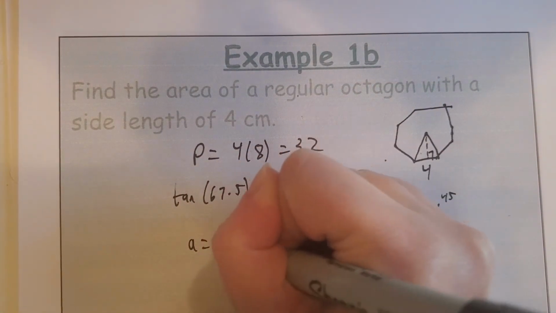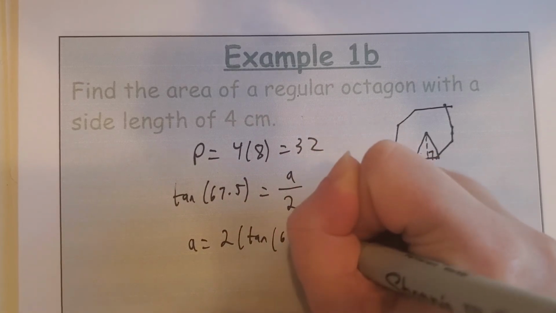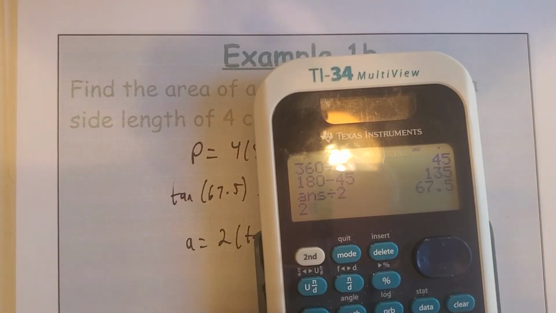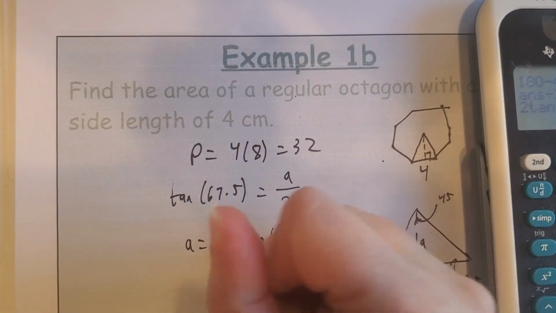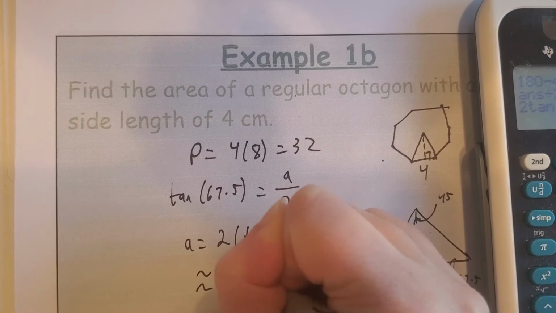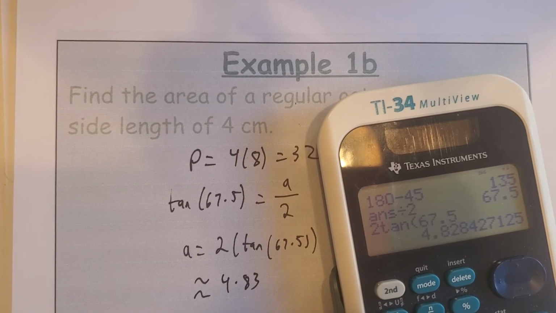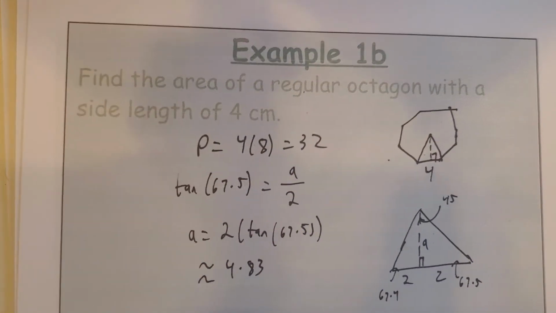A is 2 times tangent of 67.5, which is 4.83 approximately. I'm going to leave this in my calculator for rounding's sake and for consistency's sake, because 32 is pretty nice.